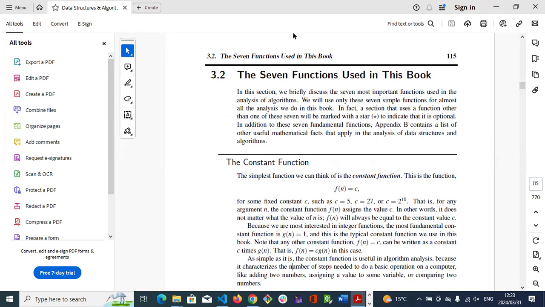So creating a value, say num, and saying num is equal to 2, you're using a constant function because you're directly assigning 2 to num. That is constant because you're just assigning n directly to 2.